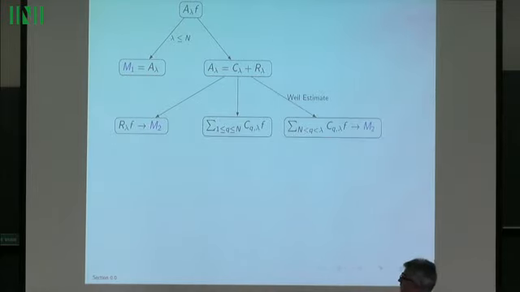And the minor arc term is clearly going to be a high component. Magyar gives us a very good L infinity norm on the Fourier transform of the minor arc component, so we just use Plancherel, we're done.